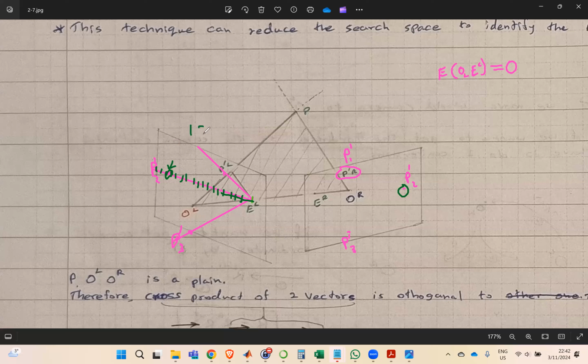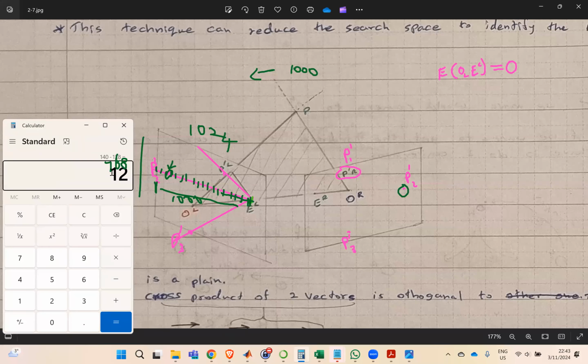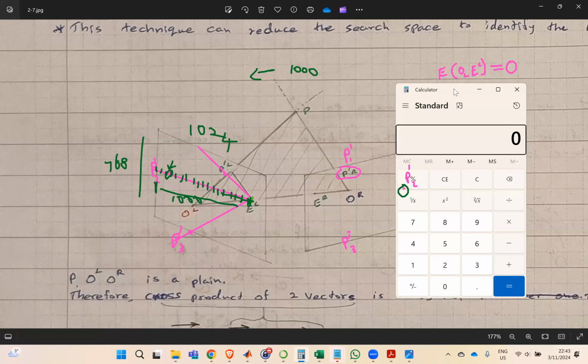So that's why I said if the original image width is 1024 and the height is 768, and the distance from here to here on this epipolar line is about 1000 pixels, let's do the comparison. If you search on the line, you are searching 1000 pixels. On the other side, can somebody multiply this 2D space? 1024 by 768.